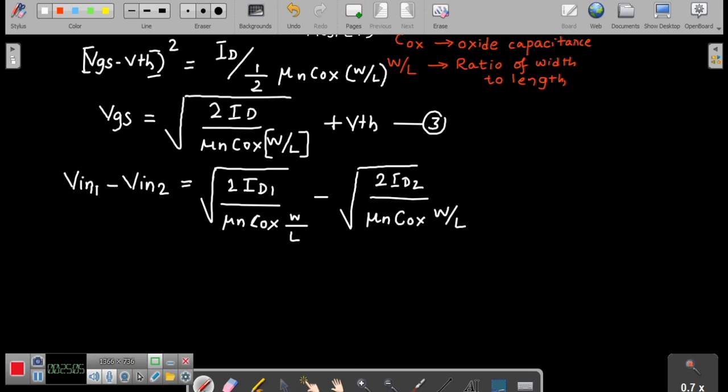This is basically substituting the values of VGS1 and VGS2 in our equation 2. So this I will call equation number 4.